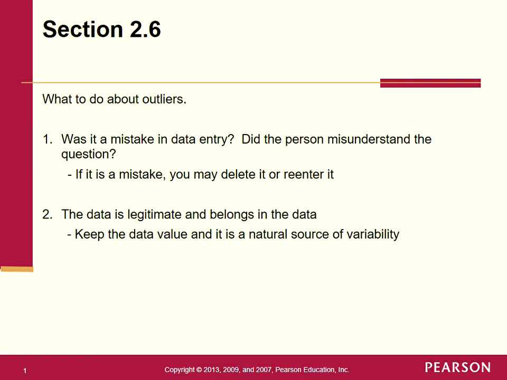You keep it, and it might be the most interesting thing about your data set. However, there is a third possibility: that maybe this person or thing that caused the outlier belongs in a different group.